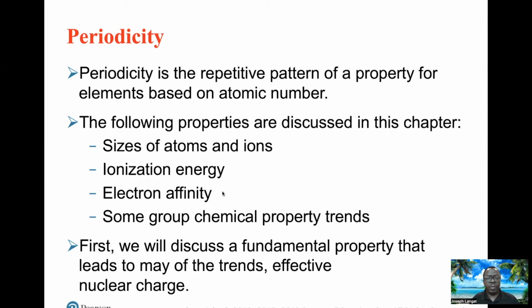Now, electron affinity is simply the energy given off when an electron is added into a neutral atom or ion in gaseous state, and some of the chemical properties we will see the trend. But first, let's look at the fundamental property that leads to many of the trends, and this is the effective nuclear charge.